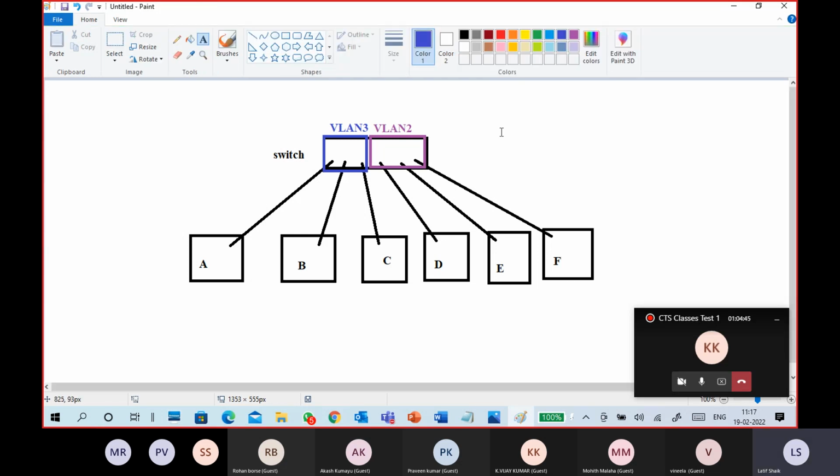Whatever it is, VLAN 2 or VLAN 3, we can put it. Now look at this port connection: these are all in VLAN 3.